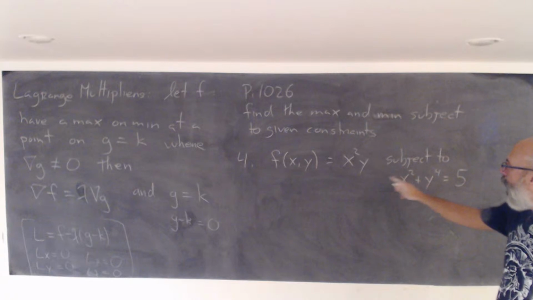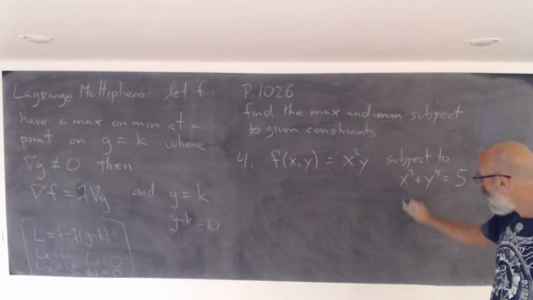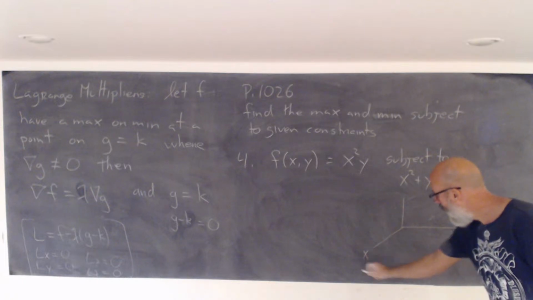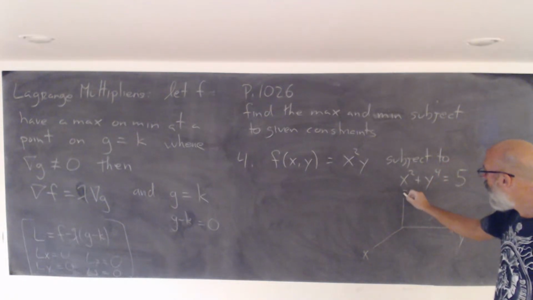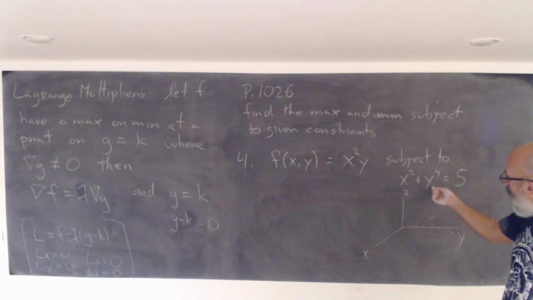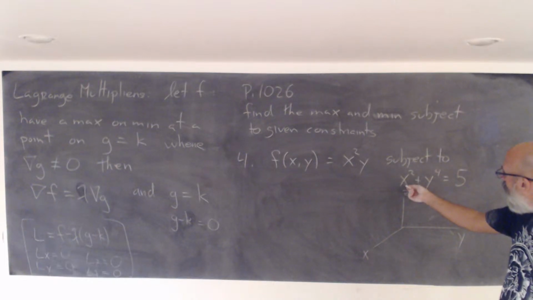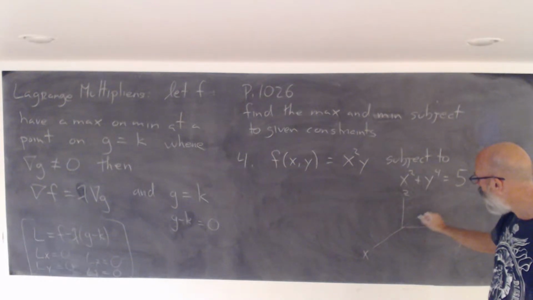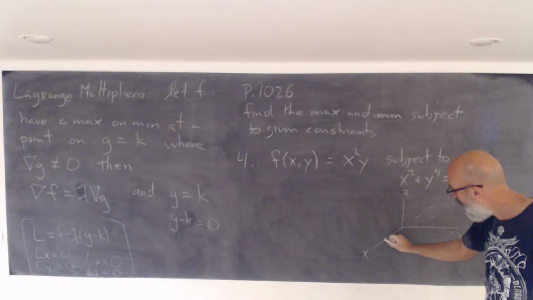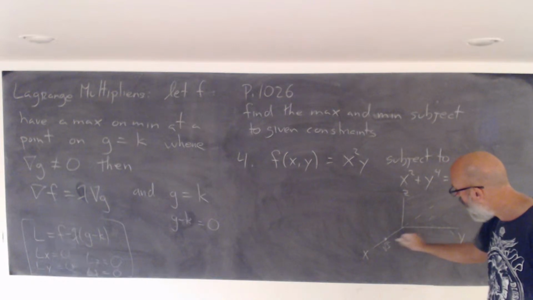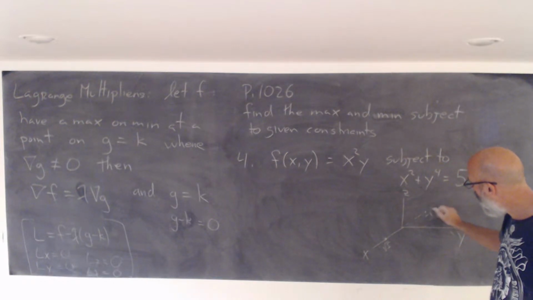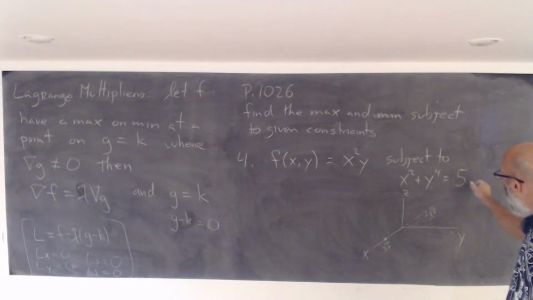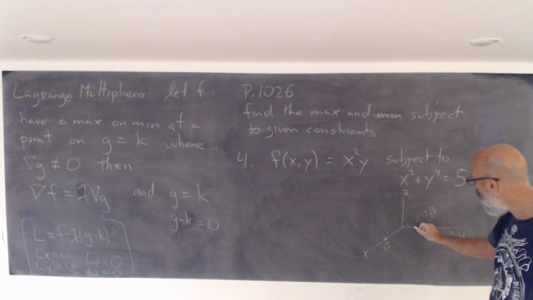Consider this, right? I'm not going to graph this because I don't know what the graph looks like, but when y is 0, x is plus or minus root 5. And when x is 0, y is the 4th root of 5.